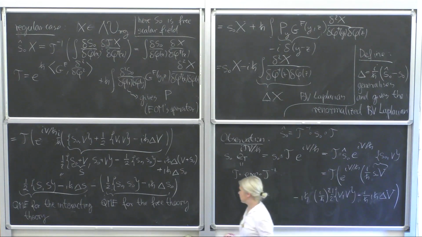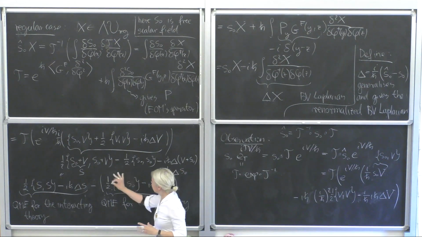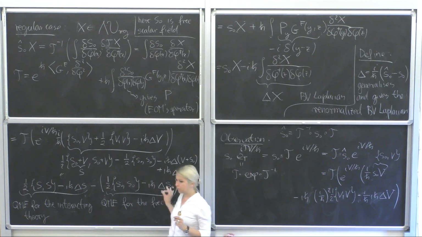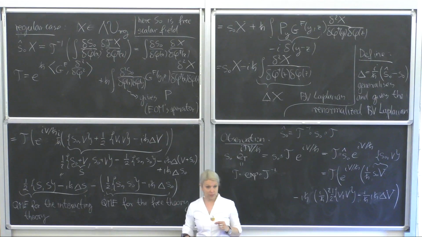If I have a theory that satisfies the quantum master equation, I start with S0 that satisfies that.